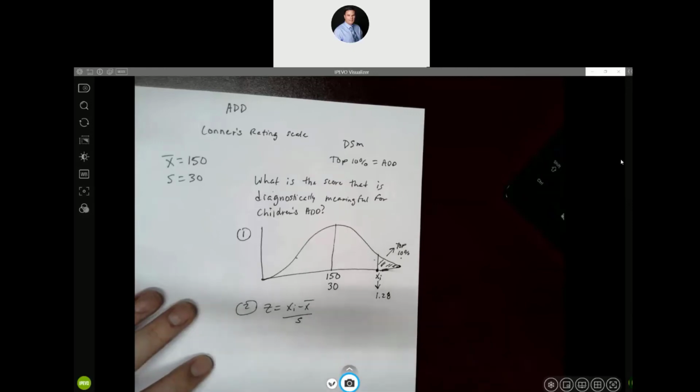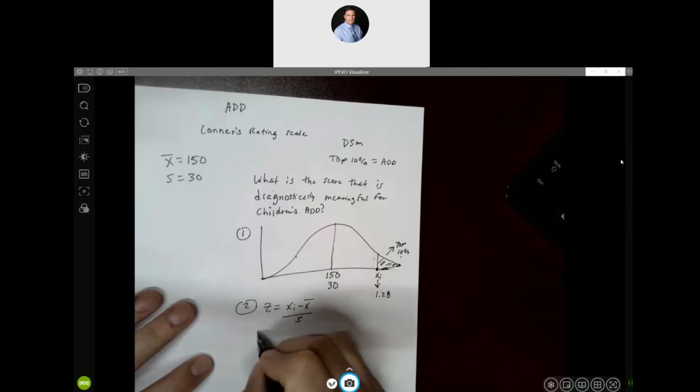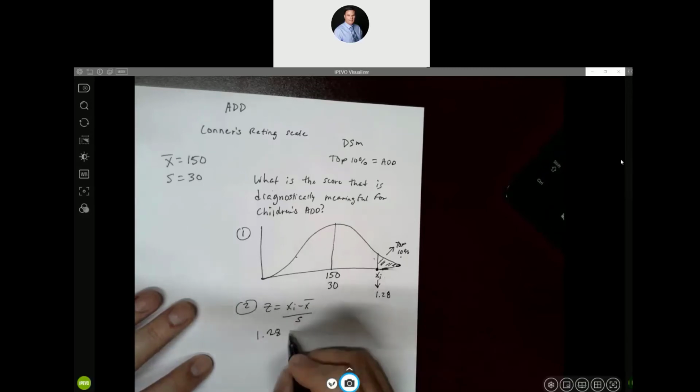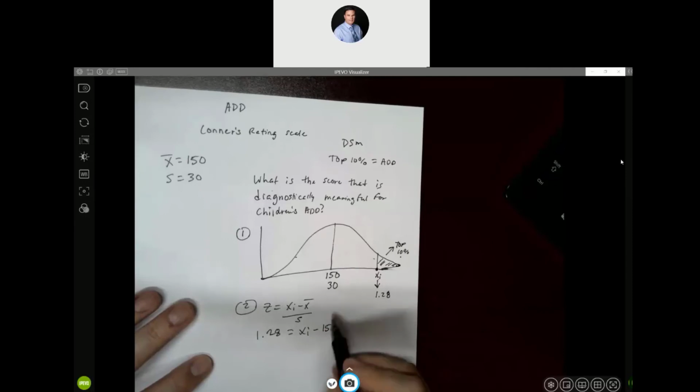I only know that because I deal a lot with wanting to know what the top 10% of the distribution is. So I can plug that into my formula. Notice it's a positive 1.28 because it's an X sub I that's above the mean. That's going to be equal to X sub I minus 150, that's the mean, divided by the standard deviation, which is 30.